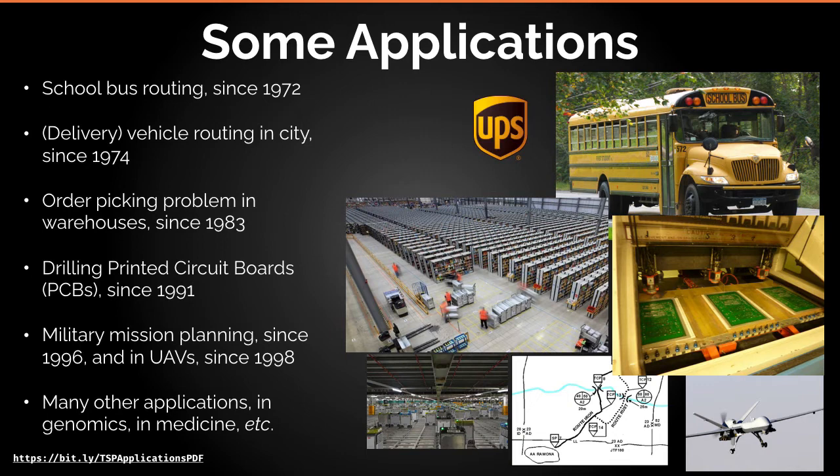But of course, the TSP problem is also just a model with which to tackle other problems that have nothing to do with logistics. So it's not surprising to find applications in genomics, in medicine, or in circuit board printing. This example here is an example of a robot that prints circuits and that drills holes in circuits.